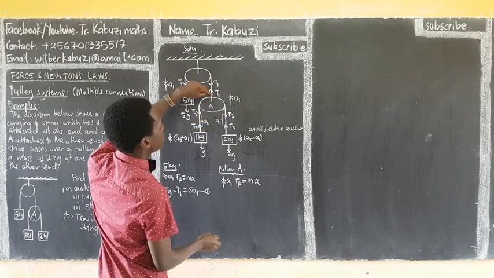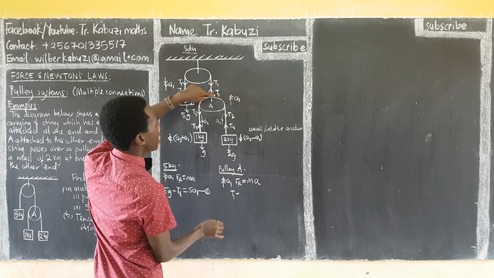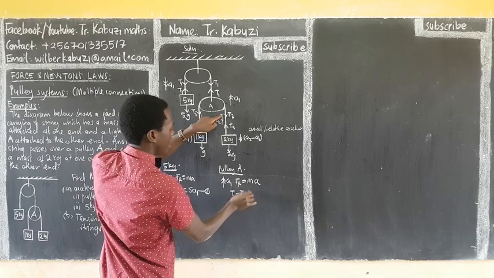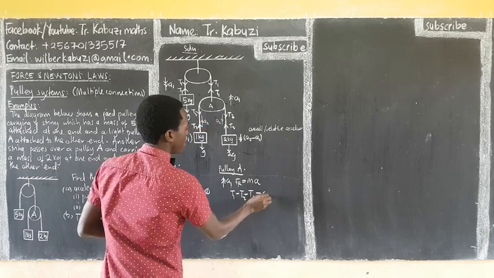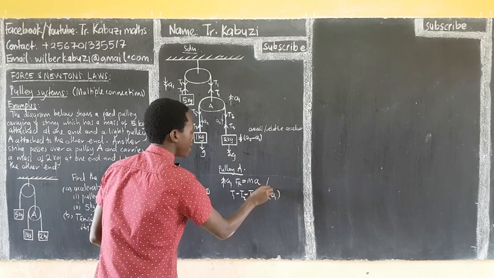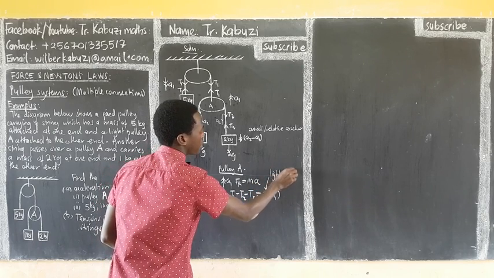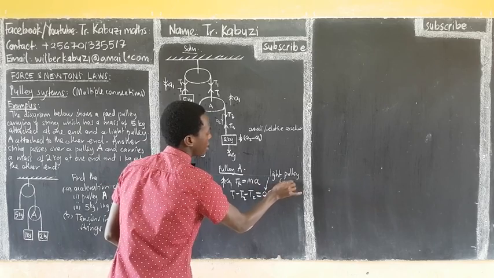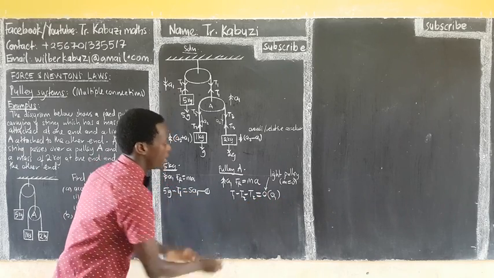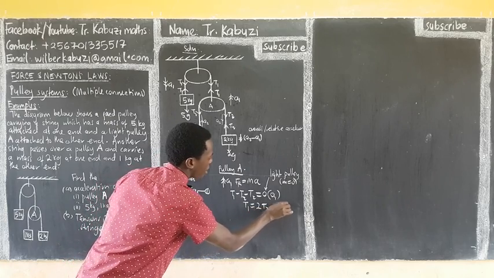What is pulling it up is T1, minus the two forces which are opposing, T2 and T2, equaling to, because this is a light pulley, the weight is negligible. So meaning the mass is 0. It has an acceleration, but the mass is 0. So from there, our T1 is going to be 2T2. I call this equation 2.